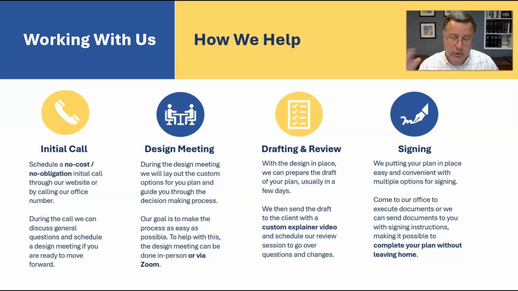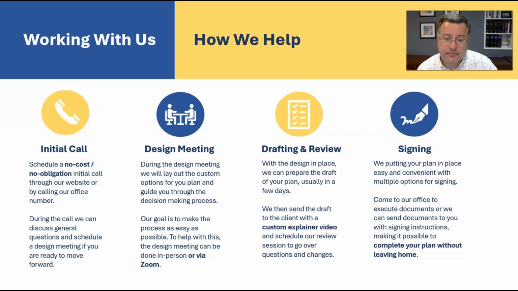After we go through our initial call, we'll set up what I call the design meeting. By the design meeting, you'll have received an intake form, so I'll have a better idea of the specific assets that make up your estate. At the design meeting, we'll sit down and talk about what our specific plan is for transferring everything, what our specific plan is for incapacity, and what documents we're going to use.